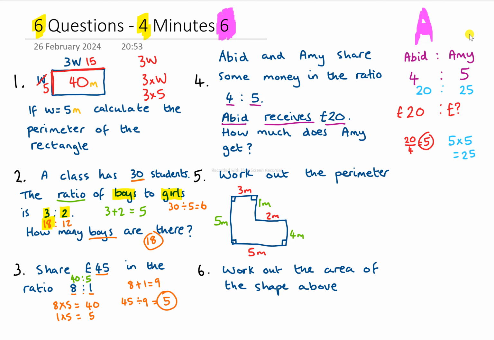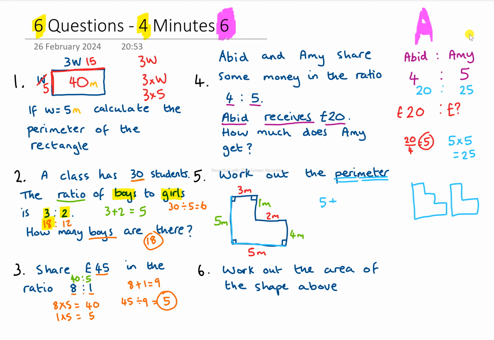Right. Next one. Work out the perimeter. Right. With a shape like this, or like this, remember the shortcut. You add 2 full sides, 5 plus 5, and then you double it.